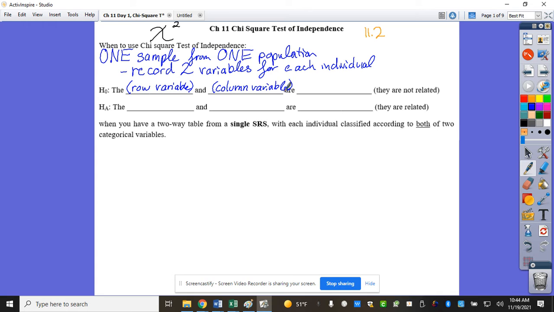So with the example I just said, I don't care if you would say grade level and GPA, or GPA and grade level. So the initial claim, the null hypothesis, is that they are independent. They're independent, they're not related.